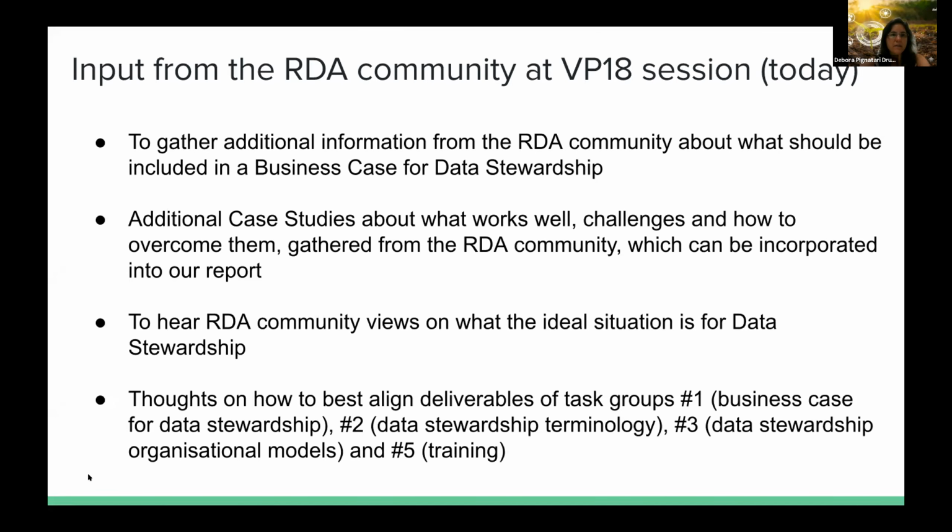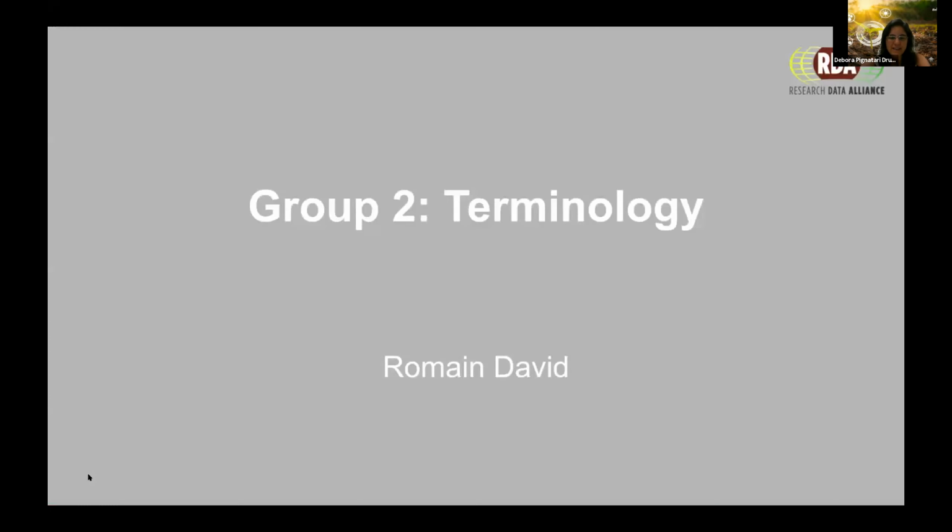As Graham mentioned in the beginning, we aim to develop and mature this more in the beginning of next year. So it will be great to hear your thoughts, and I'll be glad to clarify anything about this task group work. I will finish here and hand over to Romain, and we meet later in the session. Thank you.